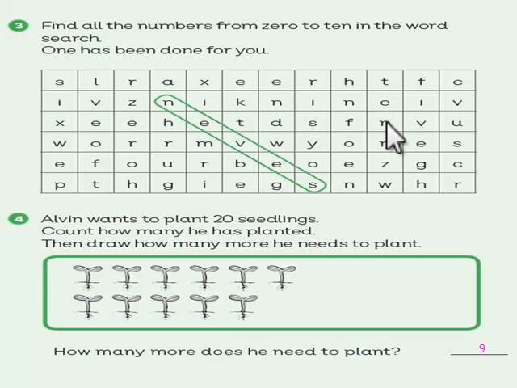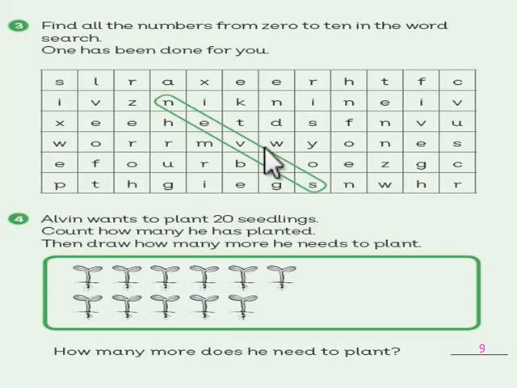Okay. Use your eyes carefully. Find the word that is T-W-O. Okay. Did you see 2? Oh, here, 2. T-W-O, 2. Okay. Circle.